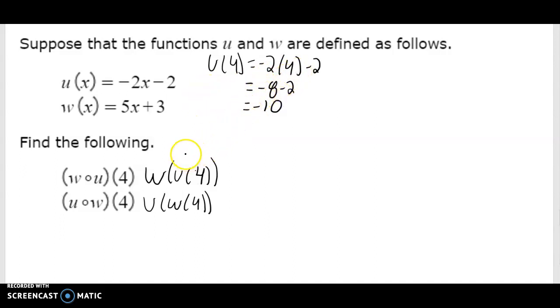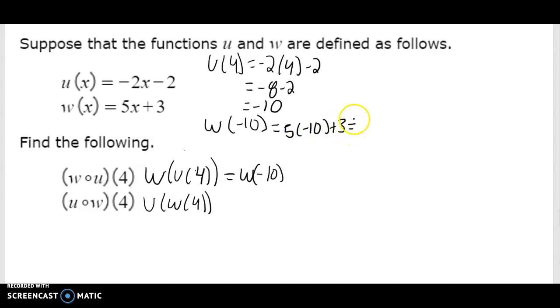So now this is really just saying that this is W of -10. So now I'm going to find W of -10. And everywhere I see an x, I'm going to put a -10. And that will give me -47.